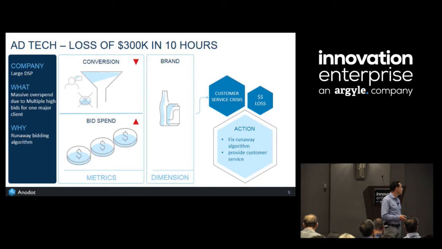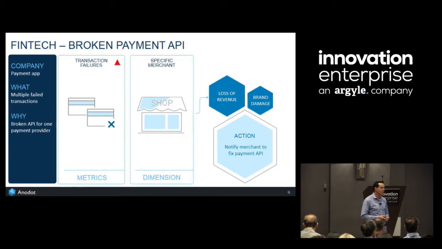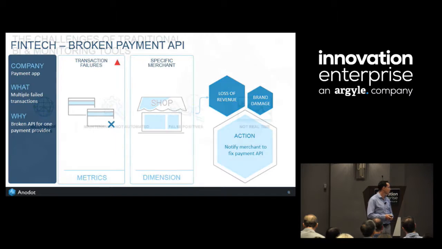The last example is a fintech broken payment API, where people were not able to execute transactions because of an API that was broken. And this goes on; we see a lot of different use cases.